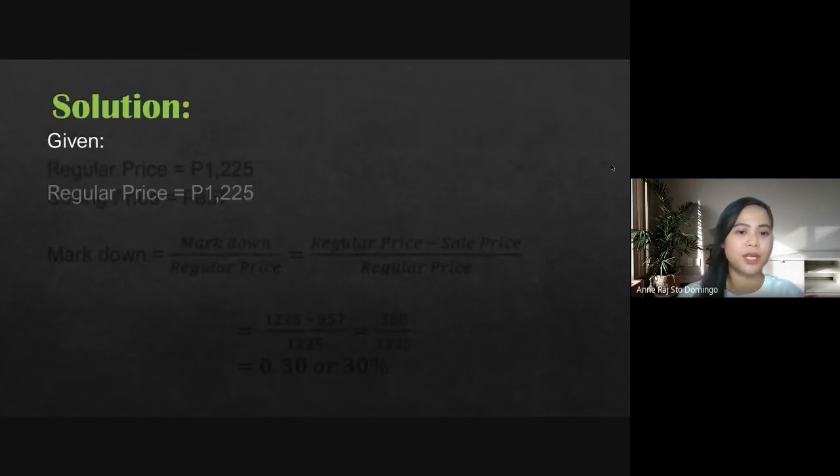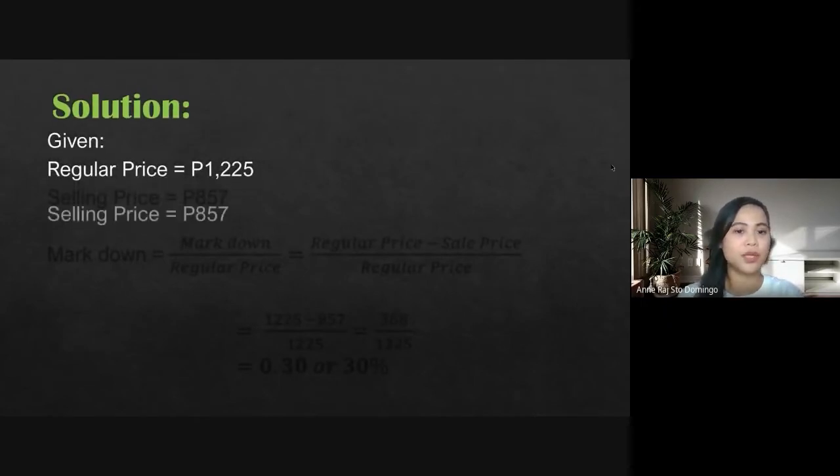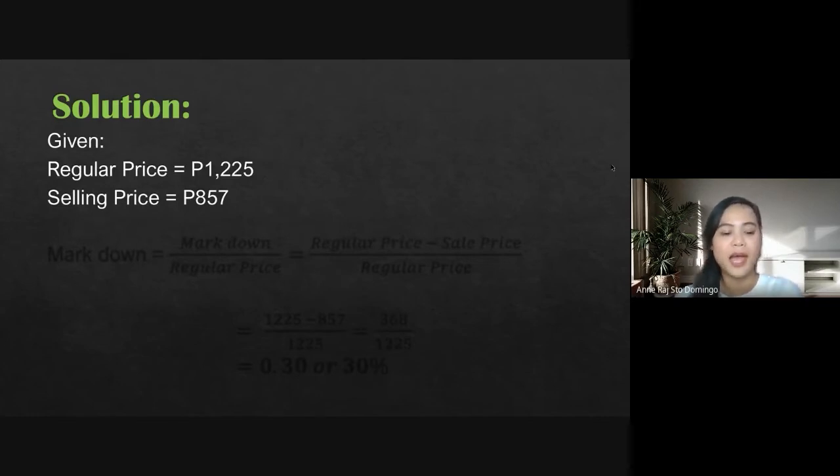So, our given is the 1,225 for the regular and the selling price now 857. How can we compute now the markdown rate? Percentage daw ng markdown natin. Kasi 'di ba binaba niya? So, yung difference nitong dalawa, yung ating magiging markdown. Paano naman natin makukuha yung markdown rate?